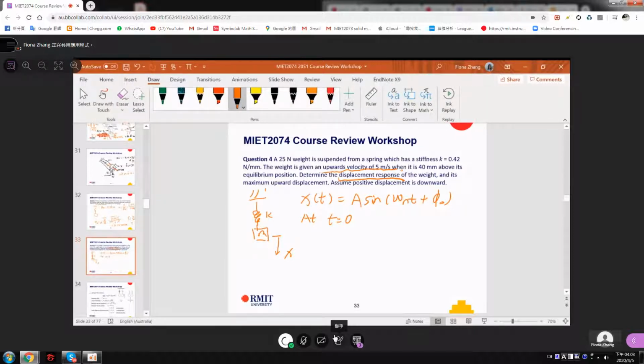So at t equal to 0, the mass is somewhere here, above the static equilibrium position. So this is 40 millimeters, and it now has an upward velocity of 5 meters per second.